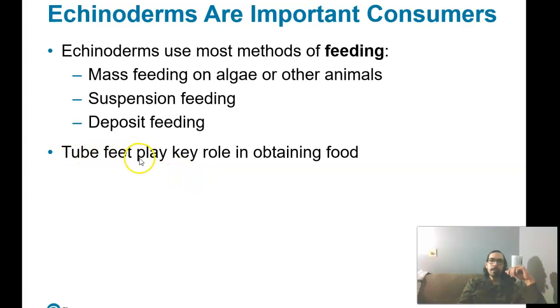But the tube feet, in addition to playing a role in locomotion, also play a role in obtaining food. So this is true for things like sea stars because they use the tube feet to open bivalves.